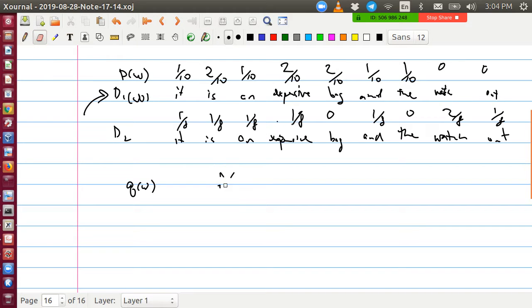So let's say I compute the KL divergence between P and Q. Then of course you remember the KL divergence is the sum over w of P(w) log of P(w) over Q(w).